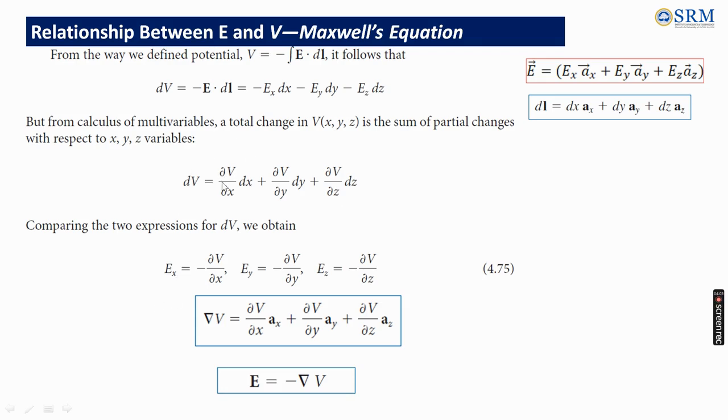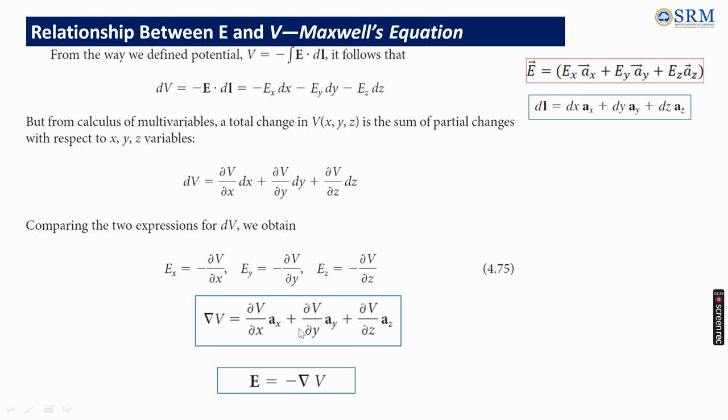So if I relate these two expressions, I can find Ex is equal to minus dou V by dou x, similarly Ey and Ez. And now I am going to substitute all the values in this E vector. If I substitute, I will get minus, common out, dou V by dou x into ax cap plus dou V by dou y into ay cap plus dou V by dou z into az cap.